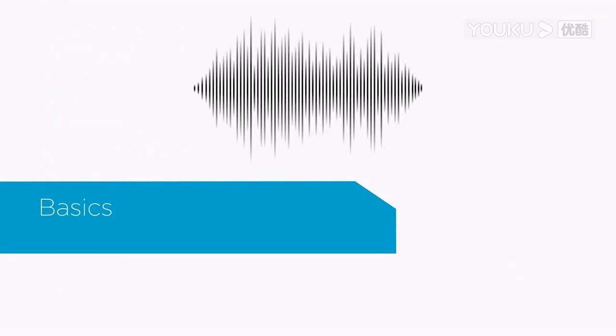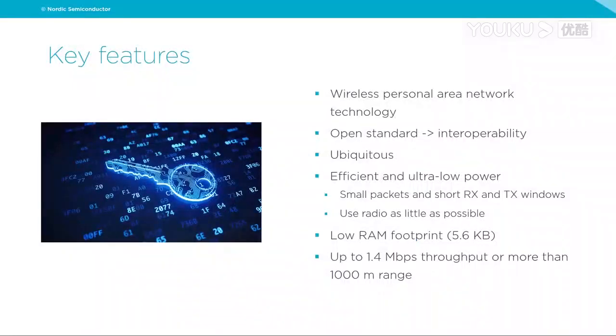So first, the basics. The key features for Bluetooth Low Energy: it's a wireless personal area network technology. Typically, this is designed to connect your personal devices to your smartphone or similar, but you can also extend this to other applications.